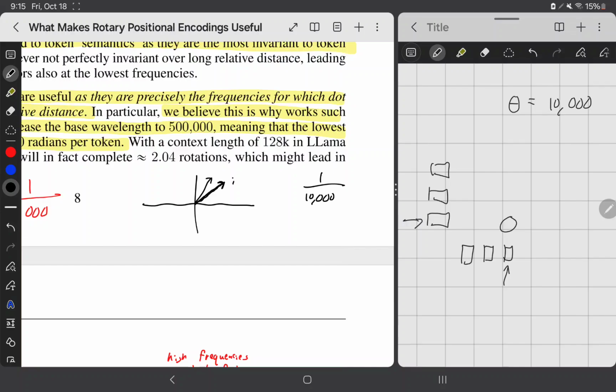Since the model has only learned to use the semantics of these vectors, it doesn't know what to do. It would interpret this as the semantics of the vector having changed, but that's just due to the rotation. So I think that's why the extrapolation isn't that good.